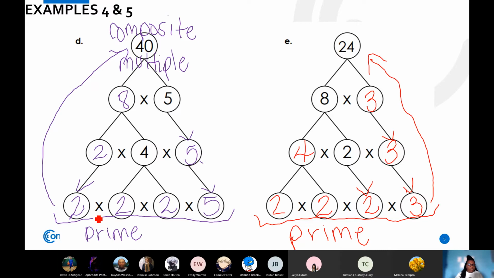So my next question here, moving right on with our lesson, what's the GCF? In order for us to understand GCF, you may have learned this before, but we're going to do a refresher course. The GCF is the greatest common factor.